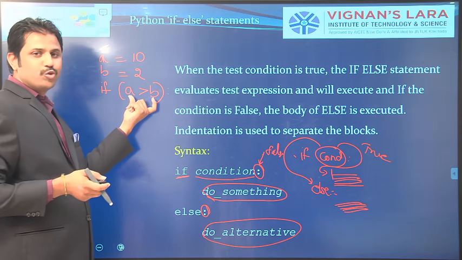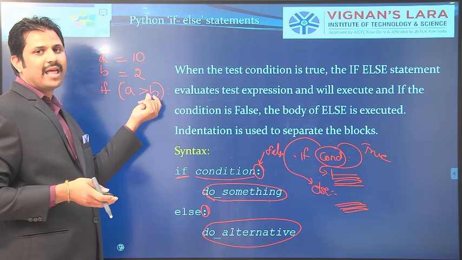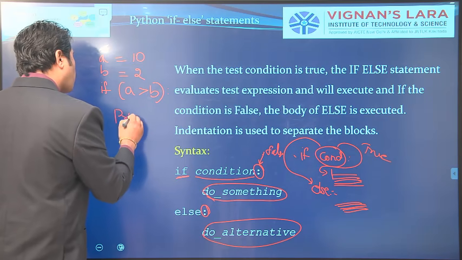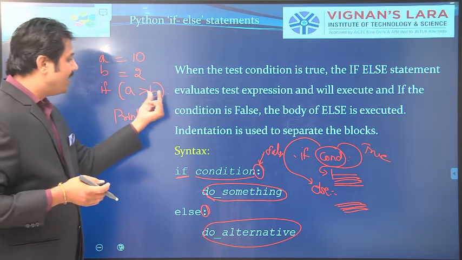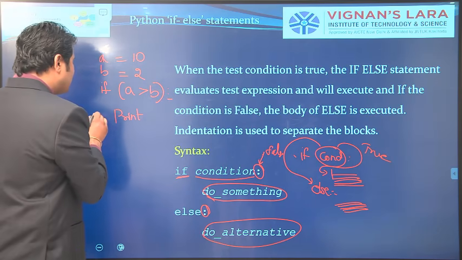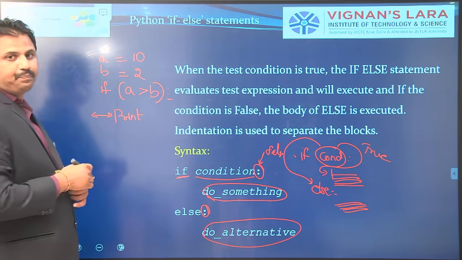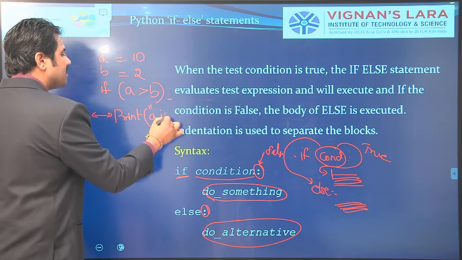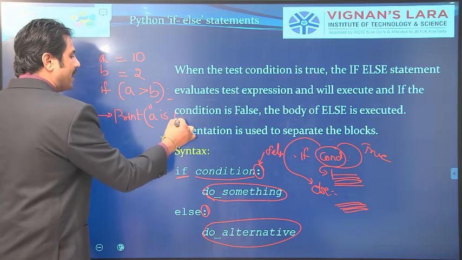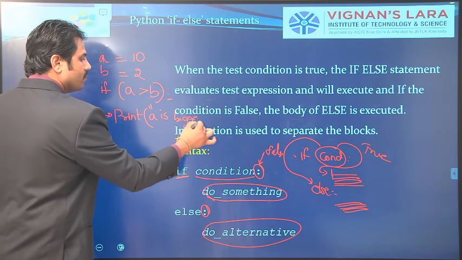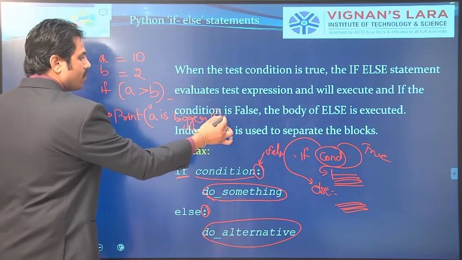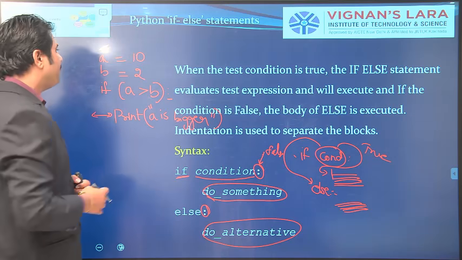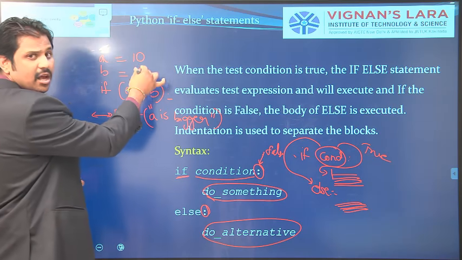What do you have to write? Print. Let us observe, the indentation mark is there and some tab space gap is there. Okay. Print A is bigger. No need to write a semicolon at the end. Keep it in mind. So no need to write a semicolon for these also.